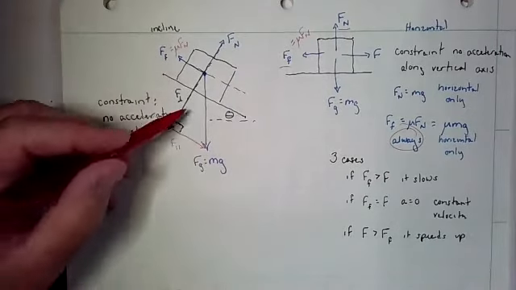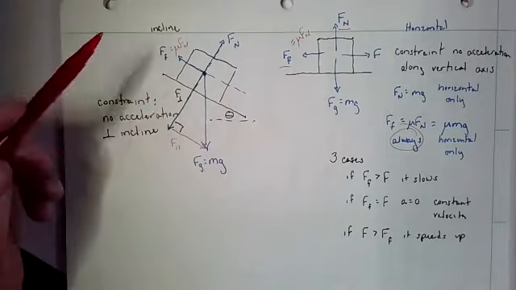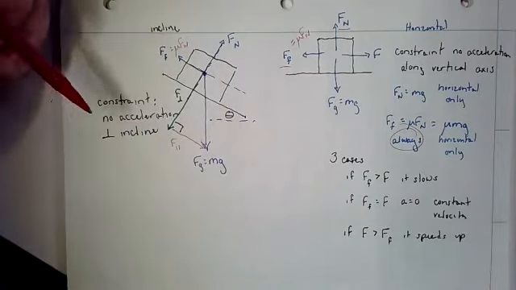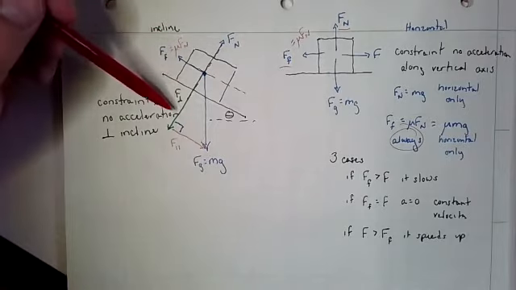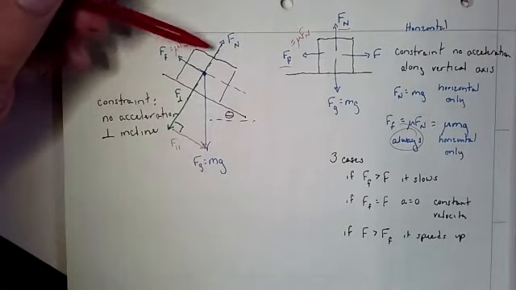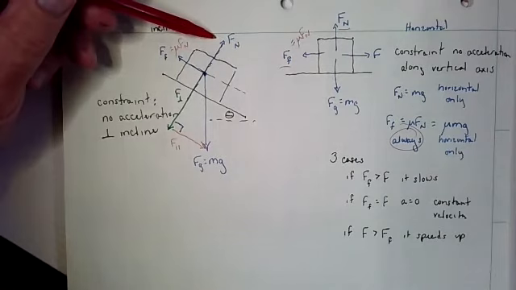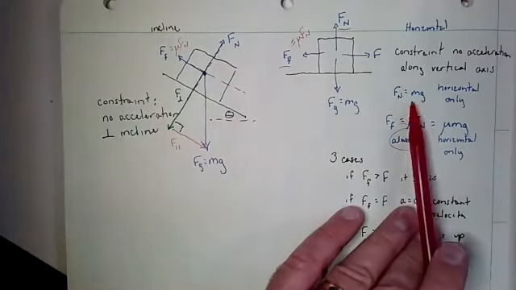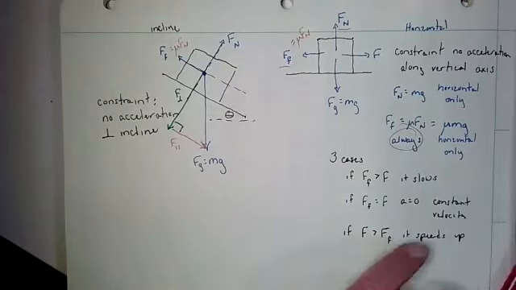So now it's the parallel component that could help move it down the incline. But what does the perpendicular component do? Well, in the absence of any other forces that are perpendicular, it tells us what the normal force is. So now instead of the normal force being equal to all the weight, it's going to equal a fraction of the weight. And we can figure out how much as well.